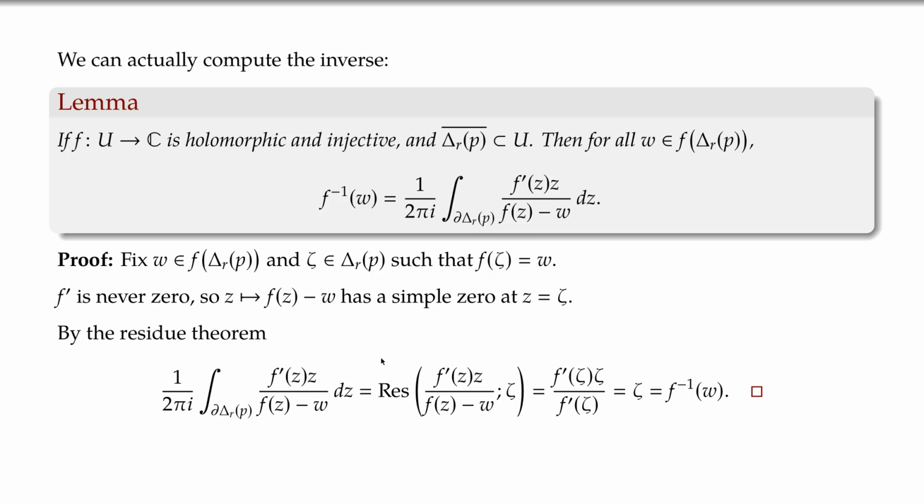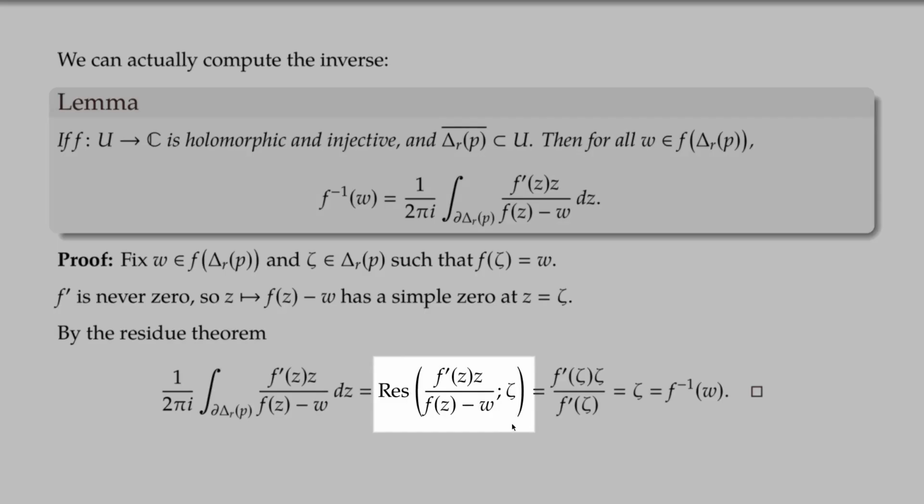And so the residue theorem says it's the residue of what's inside at zeta. Now that's actually easy to compute, right?